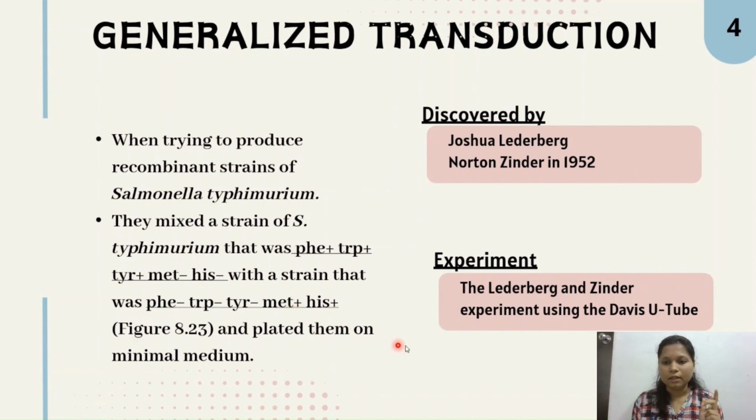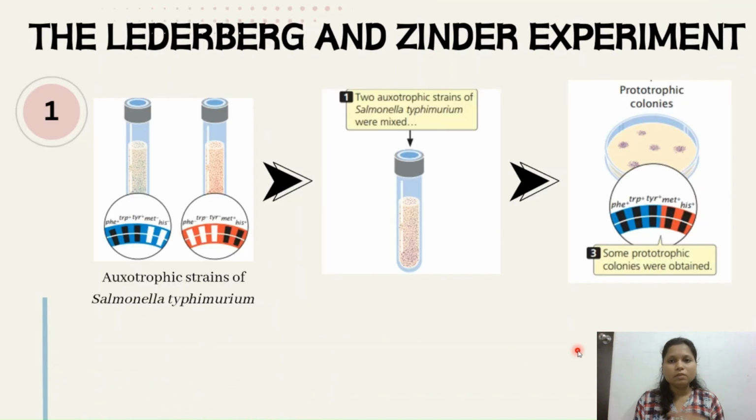So, let's first see them. In the first method, these two strains of Salmonella typhimurium, auxotrophic to methionine, histidine, phenylalanine, tryptophan, and tyrosine respectively, were mixed. They incubated this for a certain period of time, and then plated this mixture onto minimal medium.